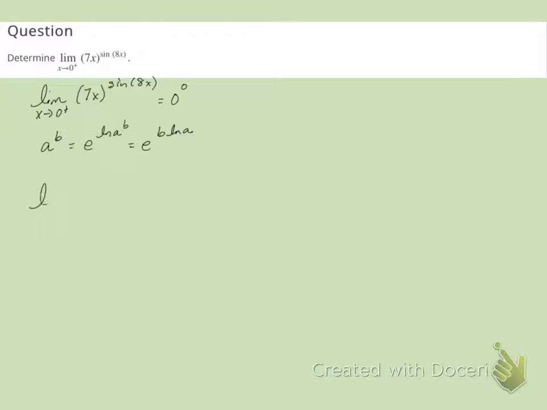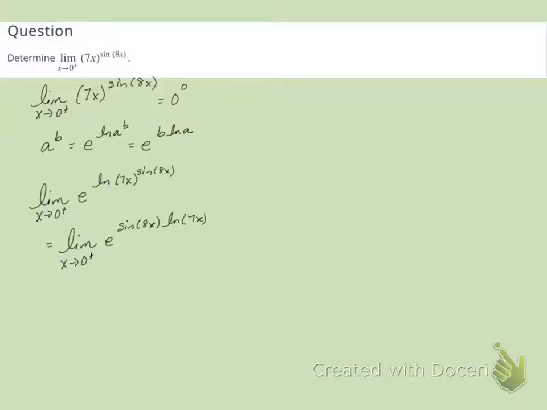So we're going to rewrite this as the limit as x approaches 0 from the right side of e to the ln of 7x raised to the sine of 8x. And then I'm going to use that rule where I can drop the power down in front, and we'll have the limit as x approaches 0 of e to the sine 8x ln of 7x.